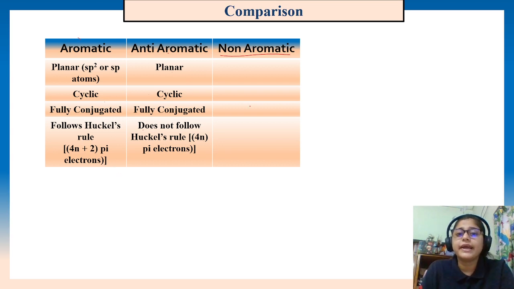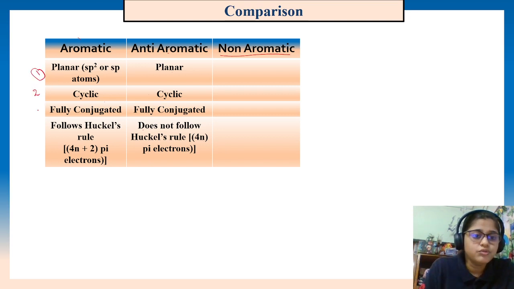But why is it vacant? If you remember only one line here, you will understand which will be non-aromatic. Here 4 conditions are there, right? 1, 2, 3, 4.